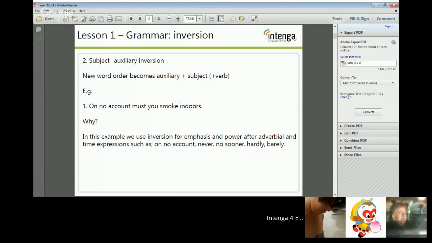Because if you say on no account, you must not smoke, it's just negative and negative in the same sentence. Right. Mm-hmm. I don't know. I'm just confused. Yeah, no, it's just adding more emphasis here, okay?